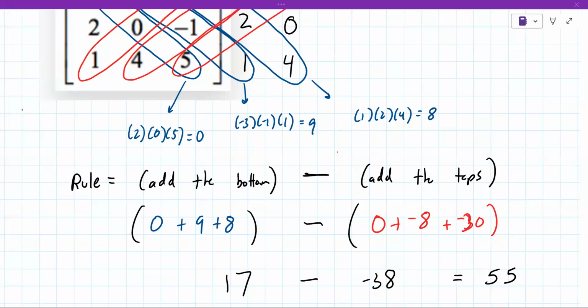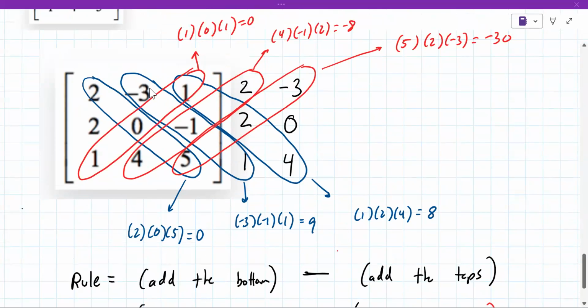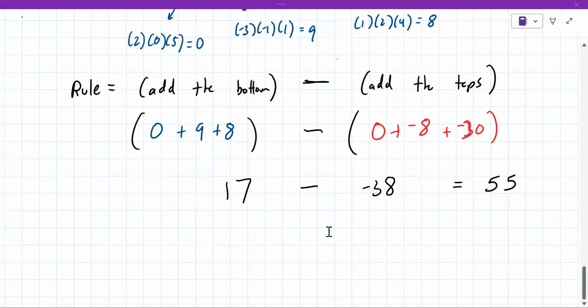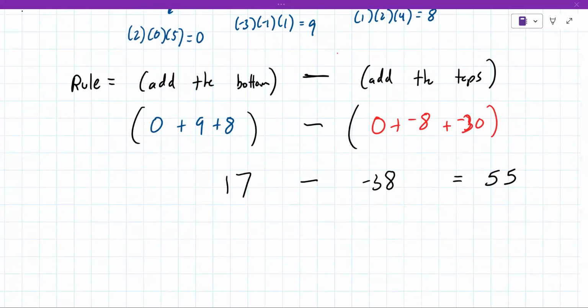Did I make a mistake? Sorry, I'm checking. I never do them this way, so I have to check this. All right, hang on. 2, -3, 1, 2, 0, -1, 1, 4, 5. All right, so I did make a mistake. Give me a moment here. Where is the mistake?